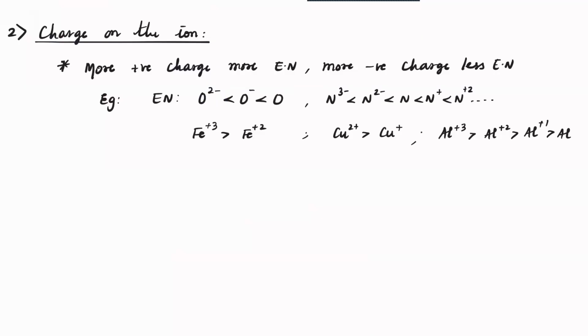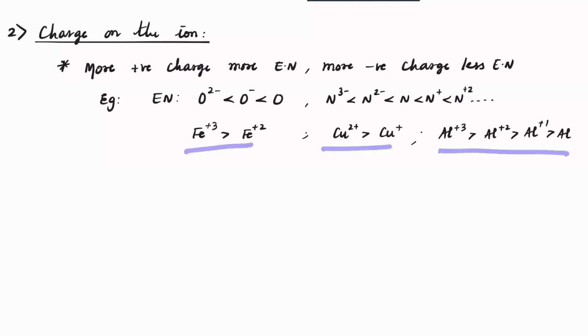It has no purpose to pull electrons again. As more positive charge develops, it has a higher tendency to pull the sigma electrons closer and try to nullify the charge. That's why, as negative charge decreases, electronegativity increases. As positive charge increases, electronegativity increases. So this is the electronegativity order for all of them.